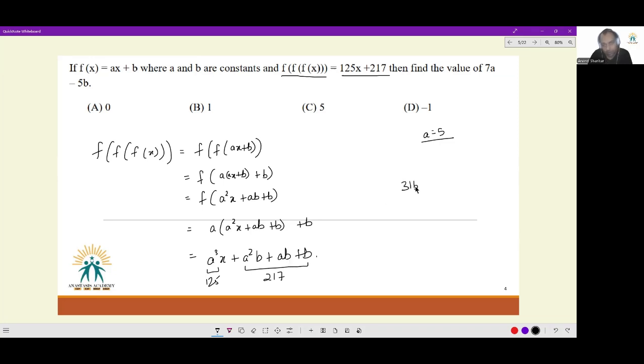So 31b is equal to 217, or b is equal to 7. We have the value of a identified, we have the value of b identified. So we can get to 7 into 5 minus 5 into 7. The difference between them, of course, will be 0, or option A is the answer.